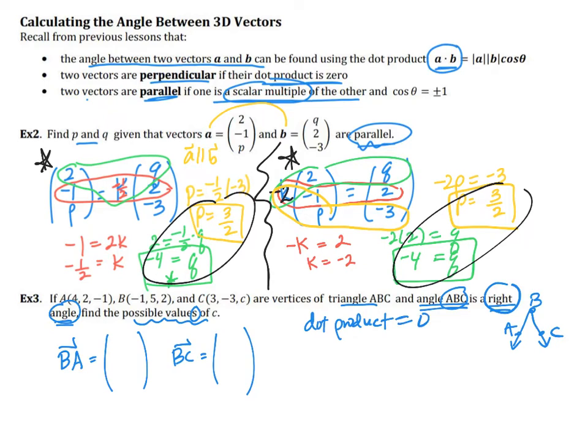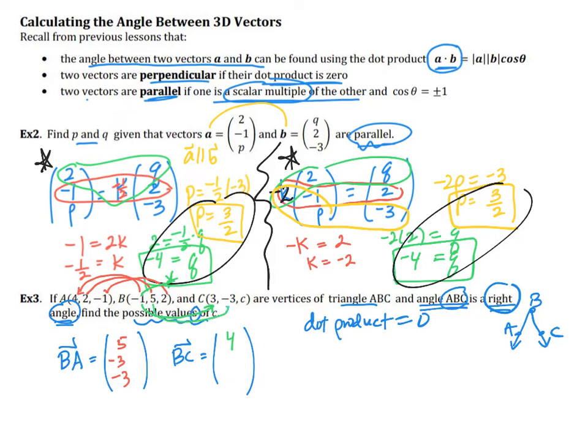So first, before I do that, I need to find the two vectors. You can pause and do it on your own, or you can follow along here with me. It's totally up to you. I'm going to go from B to A, so that's going to be right 5 units. Then the y coordinate, 5 to 2, which is -3, and then 2 to -1, which is also -3. Now I'm going to go from B to C. From -1 to 3, I went right 4.